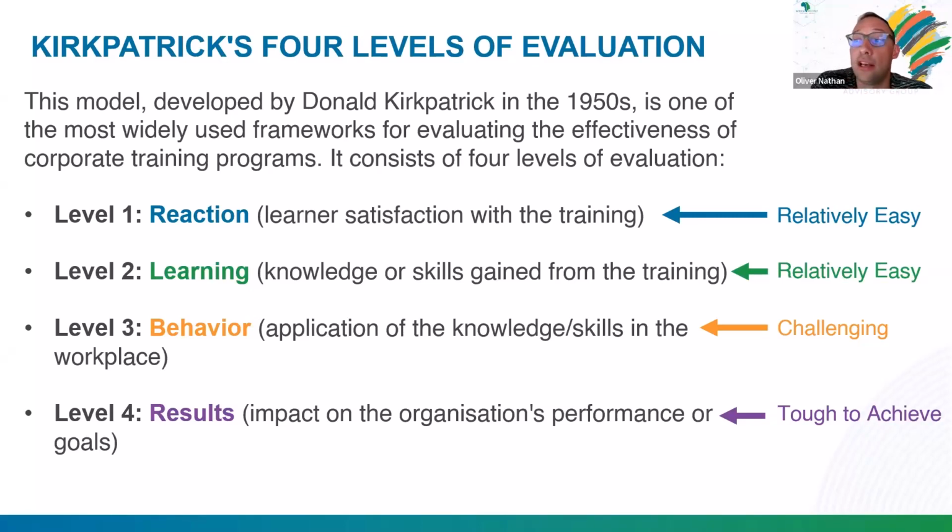So number 1, level 1, reaction. Was the learner satisfied with the training? That's relatively easy to measure. We can just push out an evaluation form and they can give us feedback, whether that is quantitative or qualitative, in terms of how satisfied they are with what they learned. Number 2, or level 2, is learning.